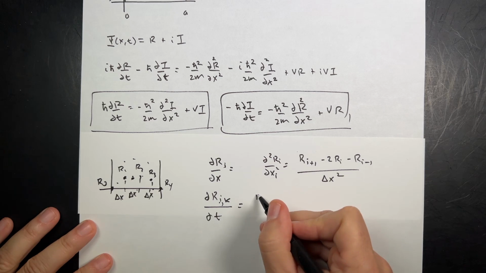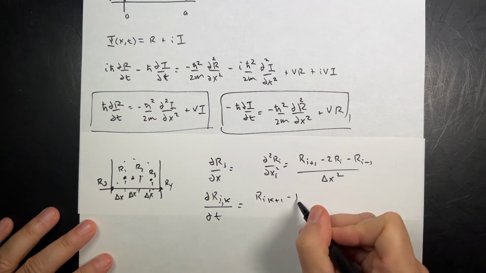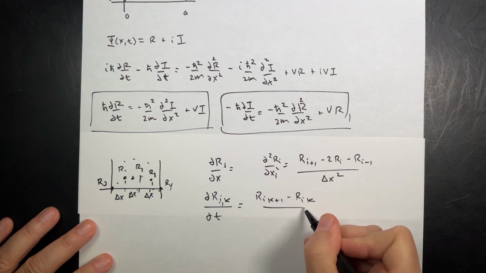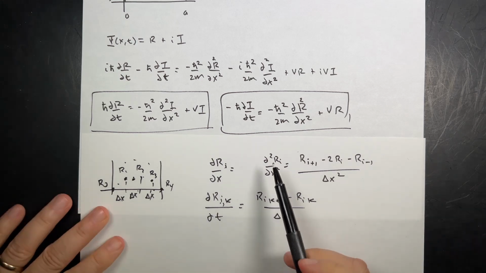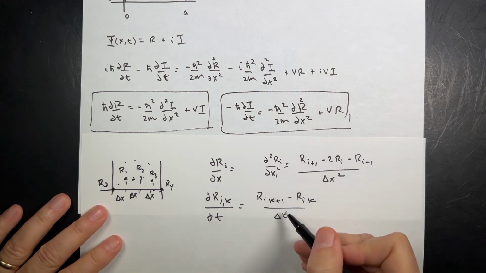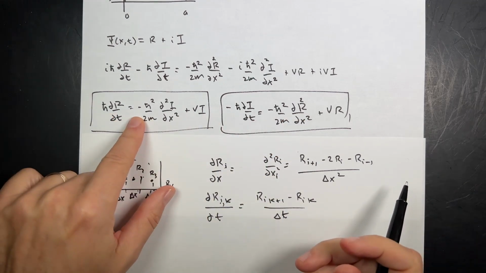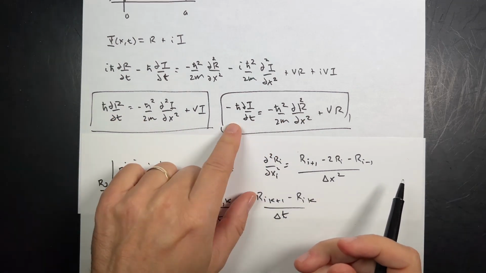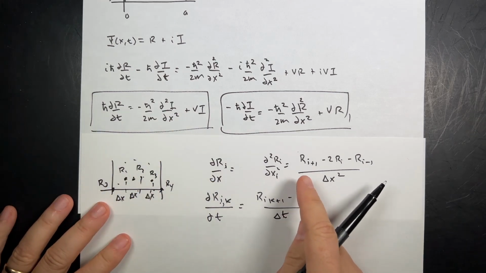This is going to be rik plus 1 minus rik over delta t. So now I have a second derivative with respect to space and a first derivative with respect to time. And my two functions here have just a first derivative of time and a second derivative in space. So I can write these in terms of these equations.